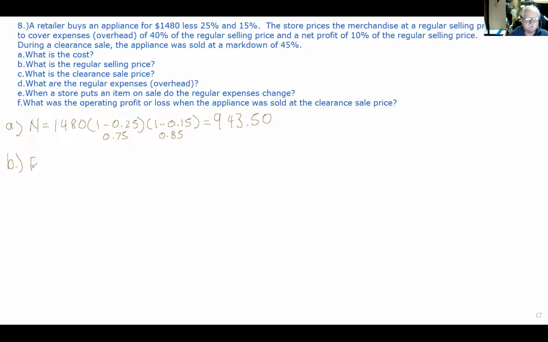So their expenses are 40%, 0.4 of S. And the profit, so P, equals 10%, so 0.1 of S. And notice I've put the word overhead in here because most of the time they refer to expenses as expenses, but sometimes they refer to expenses as overhead, but they're the same thing.